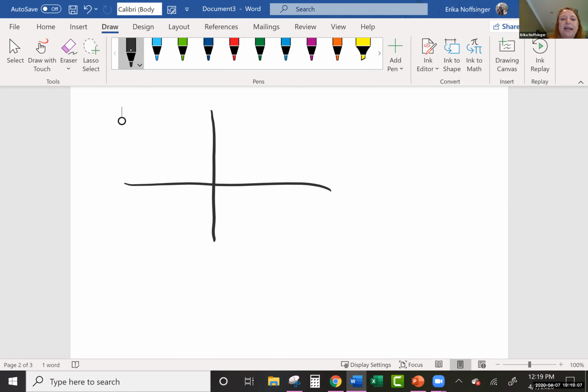So let's say this here was A, and we had something that was increasing, and then it changed direction, and then it is decreasing.